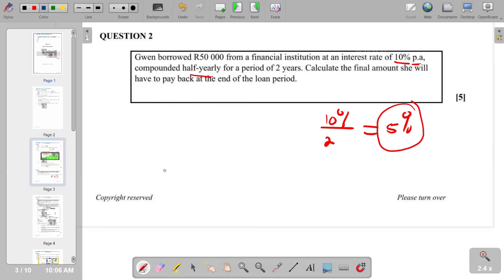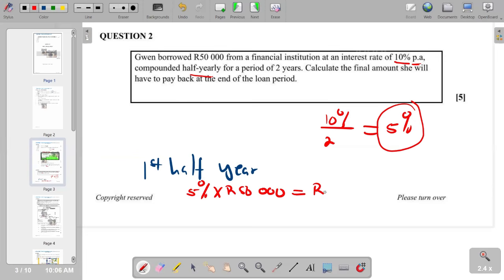For the first half year, the principal amount is 50,000. We calculate 5% times 50,000, and you get 2,500.